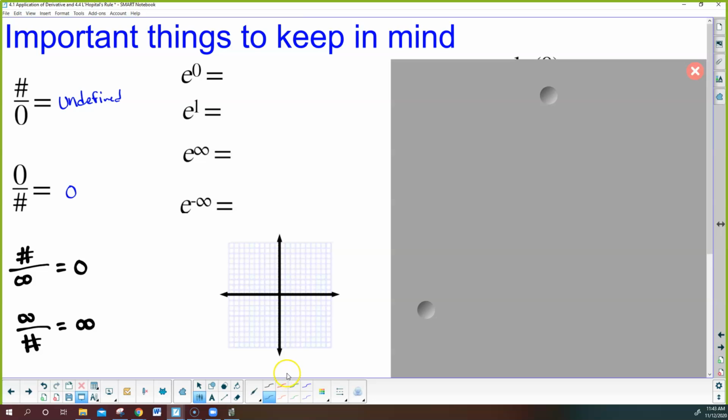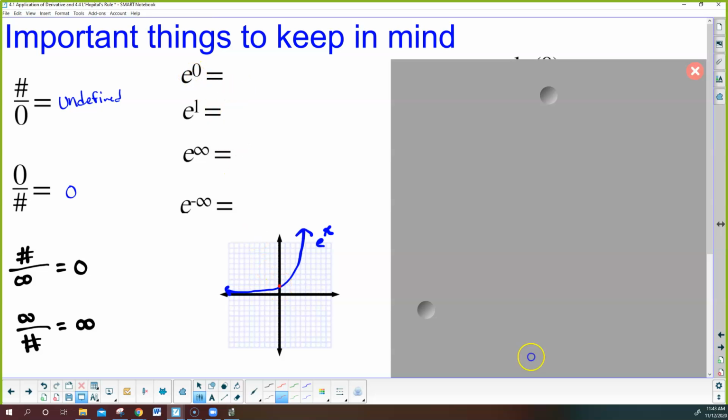Other ones that are important for us to understand, and just a quick refresher, we've talked about these before, is thinking about this graph of e to the x, right? So what is e to the 0?